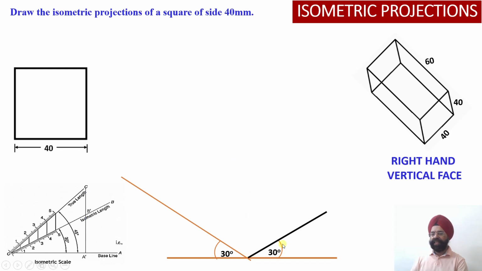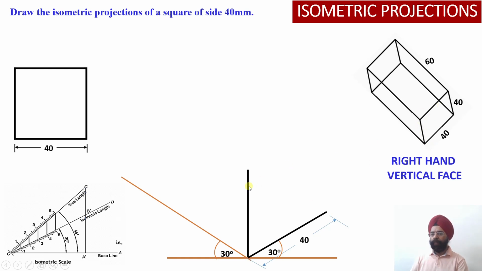On the z-axis, please check, I have drawn 40 millimeter isometric length of the square face. Then on the y-axis, again I need to complete 40 millimeter, which is the height of the square face. This is the height of the square face, right?